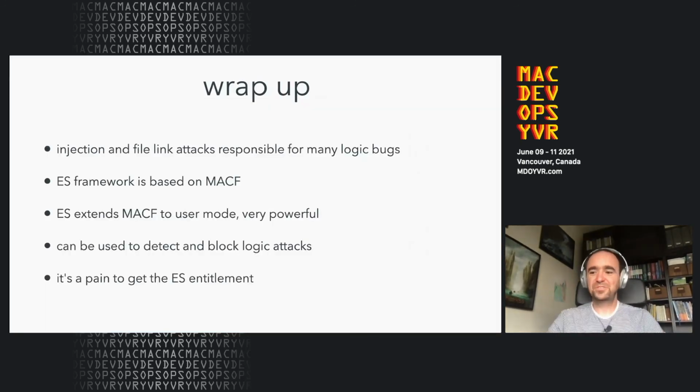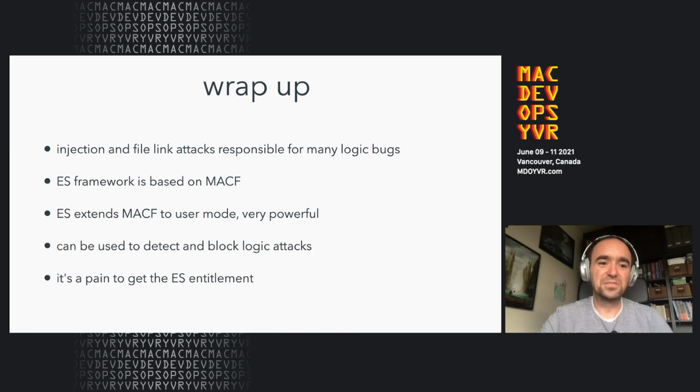So to summarize what I talked about, process injection and file attacks are responsible for many logic bugs on macOS, in third-party applications and macOS itself. And we can use the Endpoint Security framework and its events to track these in a generic way and prevent these file attacks or process injections.